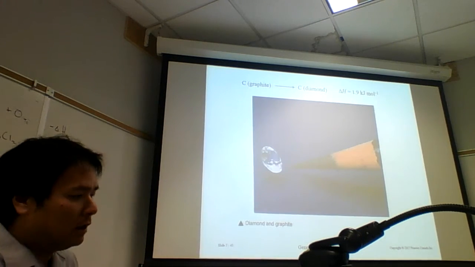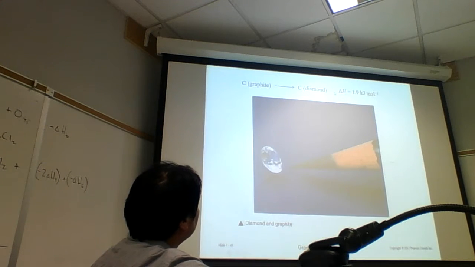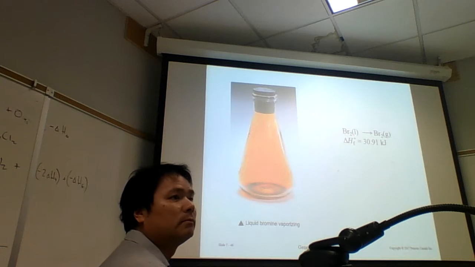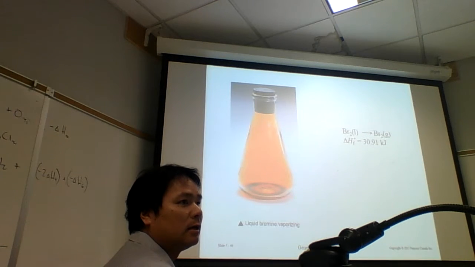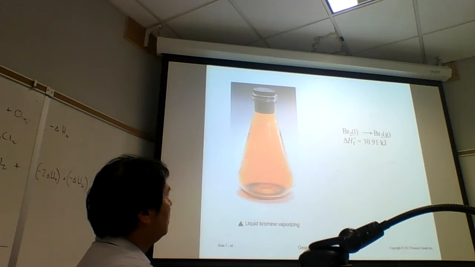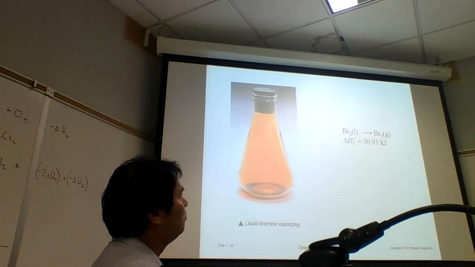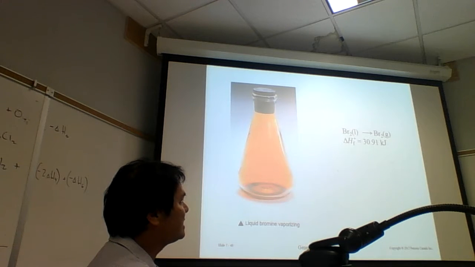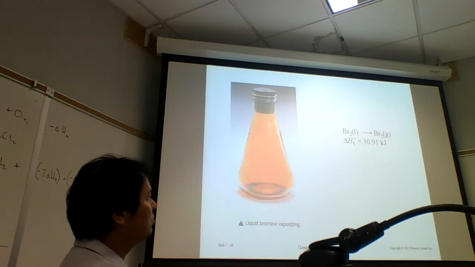Okay, let's continue on here. What's the standard state of bromine? Bromine is a liquid at 298 Kelvin and 1 bar. Therefore, delta H of formation of liquid bromine is 0, but delta H of formation of gaseous bromine is about 31 kilojoules.